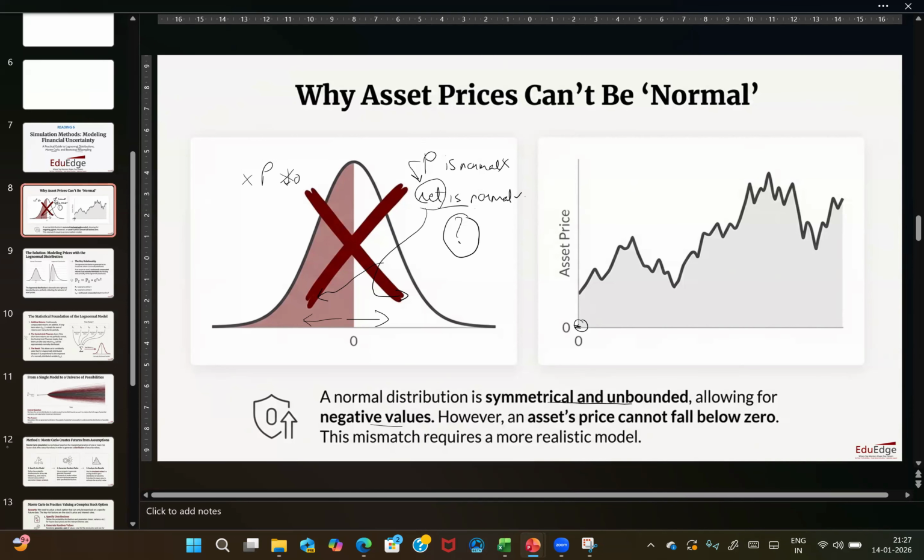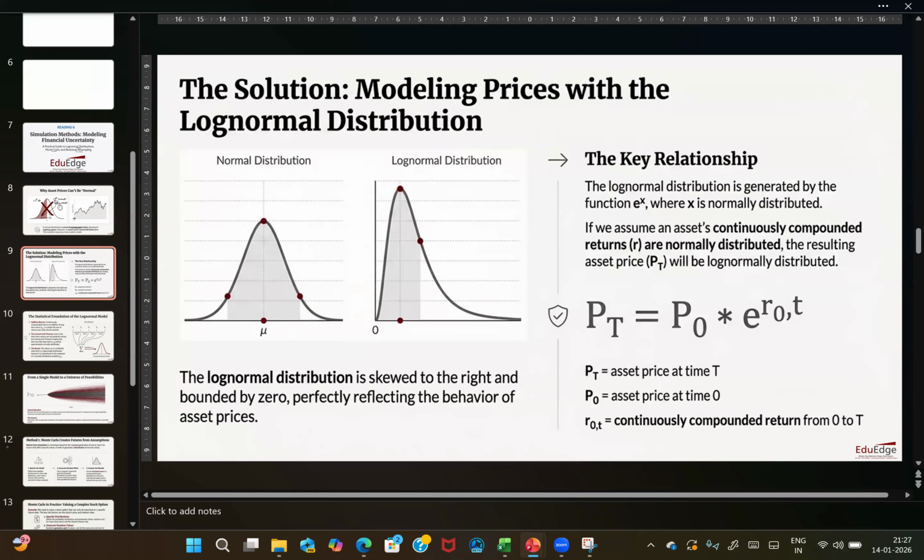financial assets. So the solution is to model prices with a distribution called log normal distribution. Now here you can see two distributions. On the left is normal and on the right is a right skewed distribution. It's called a log normal distribution. So what is the difference between these two? Now if I assume returns to be normally distributed, the prices become log normally distributed. Okay. How is this possible?